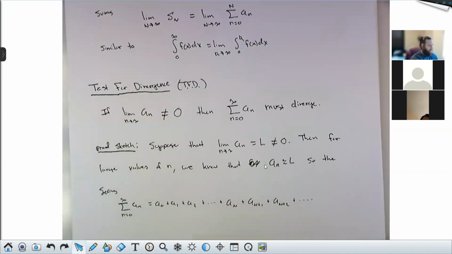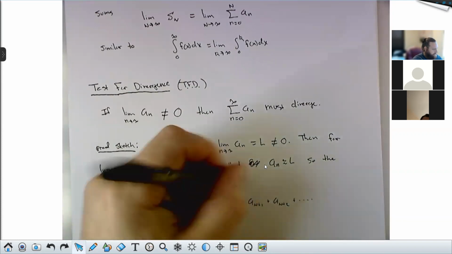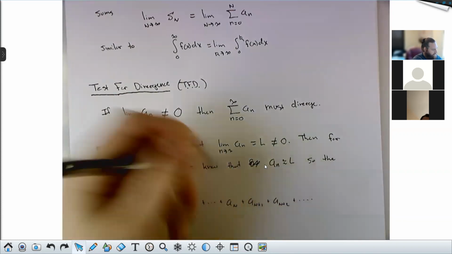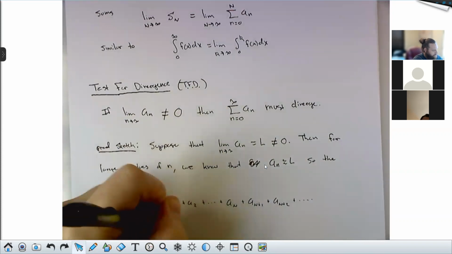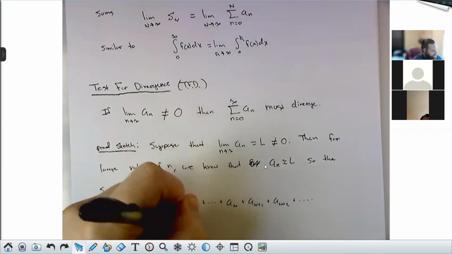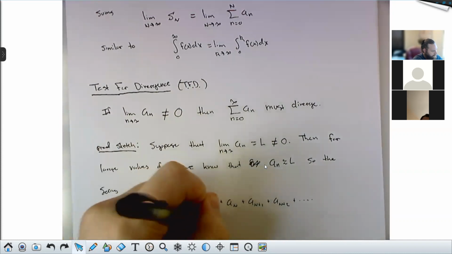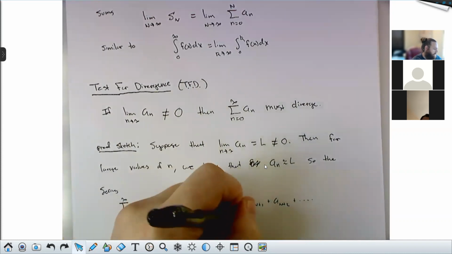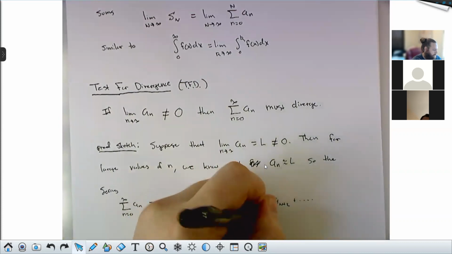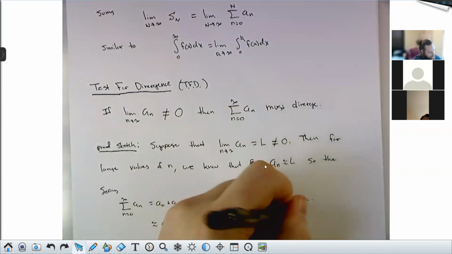These first few terms could be whatever, but all of these later terms are approximately equal to L. So this would be like a0 plus a1 plus a2 plus, say, everything after capital N is approximately equal to L. So it's like plus L plus L plus L.